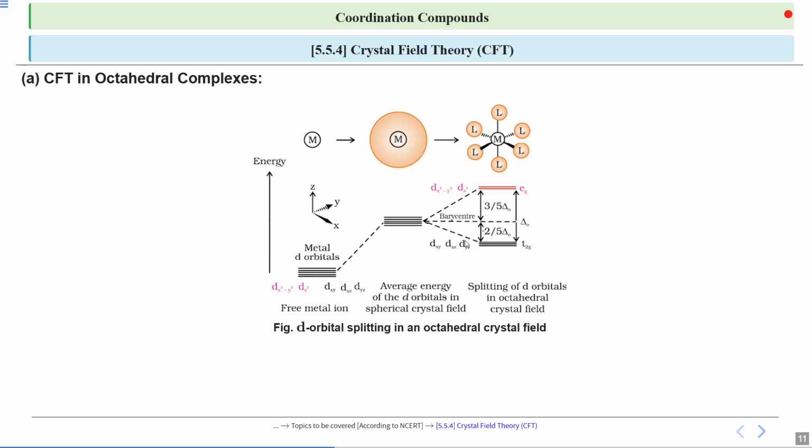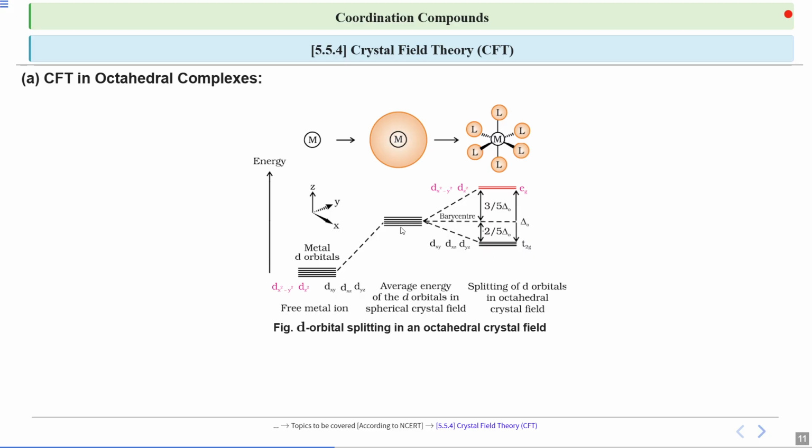So repulsion is comparatively lesser, due to which the energy will be lesser, and the T2G is placed in this manner compared to the EG set. You can see that this delta naught represents the crystal field energy. The naught is basically the representation for O, that is, octahedral crystal field.